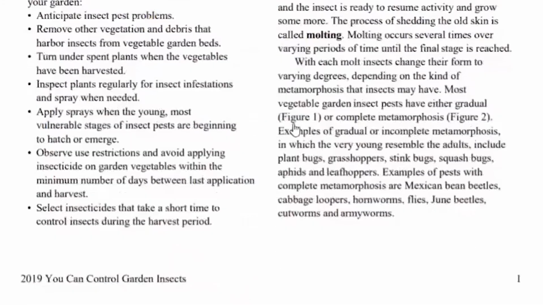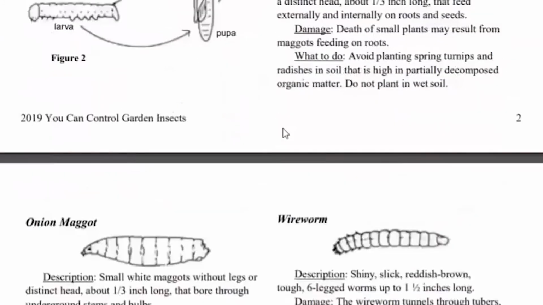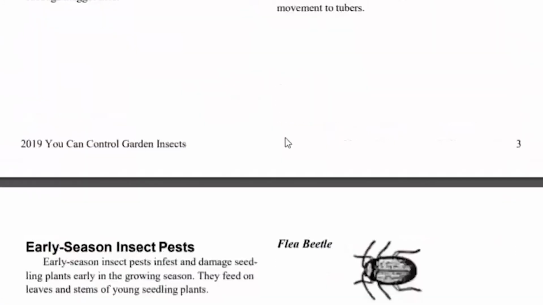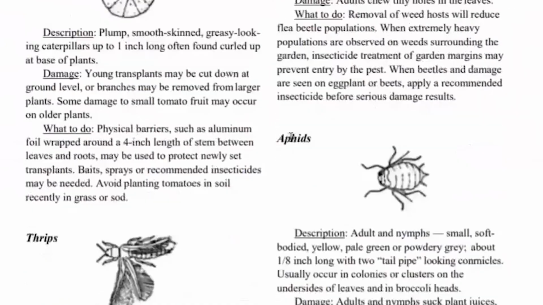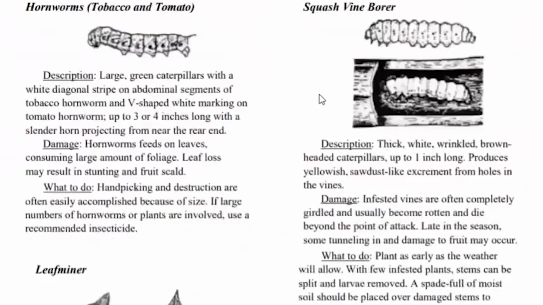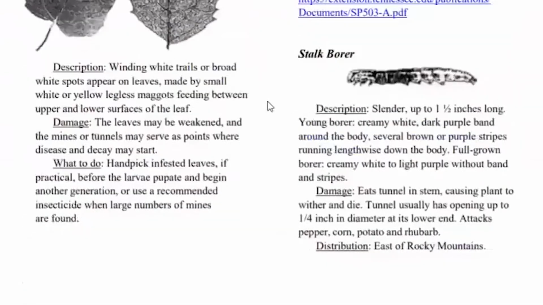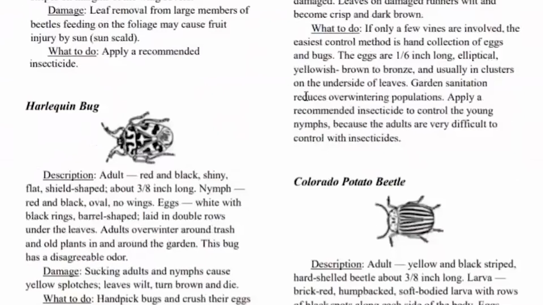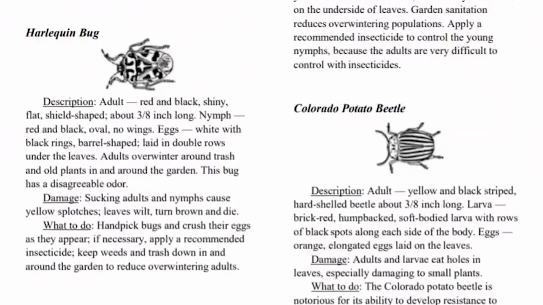So you can scroll through this, and it has examples of soil insects that you might see, or early season insects that you might see, thrips, aphids. Just something for you guys to be thinking about as you're going through the garden, and this probably has the answer for you. So great application for you guys to utilize.